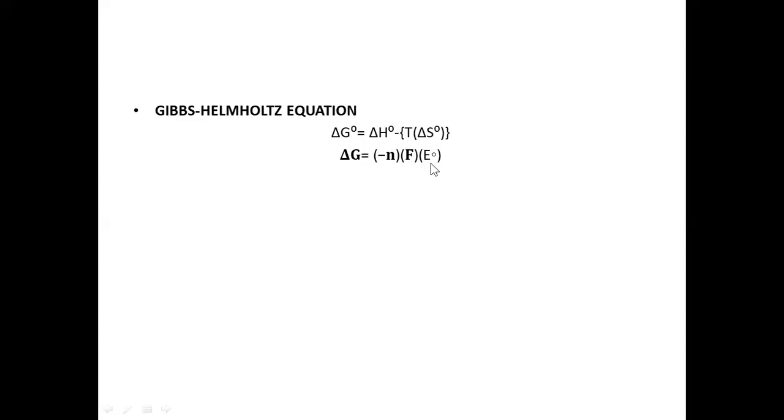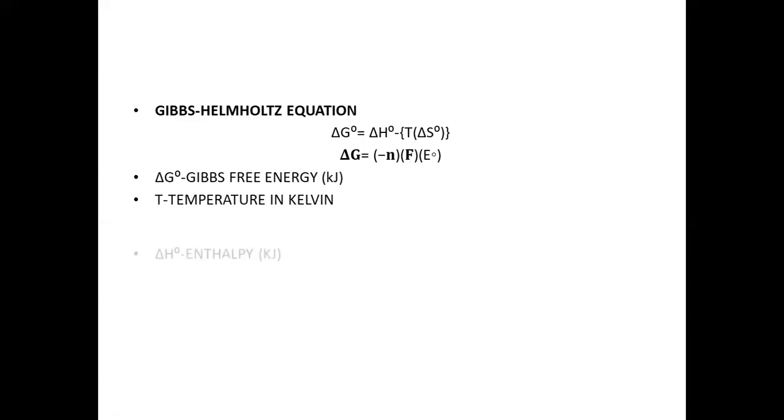Let's define the following variables. Delta G is the Gibbs free energy in kilojoules. T is temperature in Kelvin for SI units. And delta H naught is the enthalpy of the half-cell reaction. This must be in kilojoules. And delta S naught is the entropy in kilojoule per Kelvin.